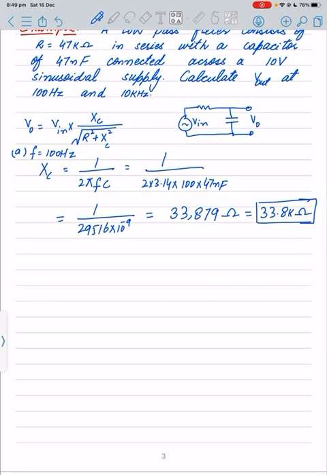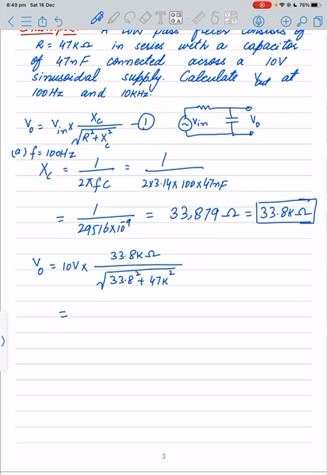So that is the value of the XC. Now you can input it in equation 1. After inputting it, our V output will be equal to V in, which is 10 volts, times the value of the XC, that is 33.8 kilo ohms, divided by the square root of 33.8 square plus our value of 47 kilo ohms square.